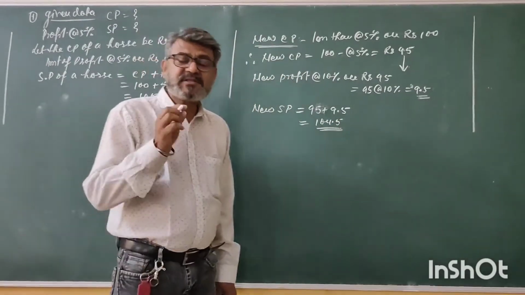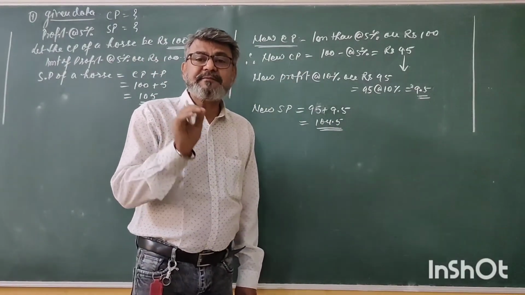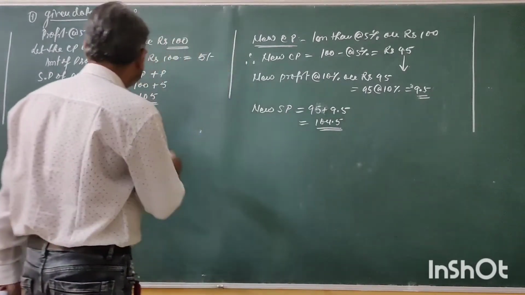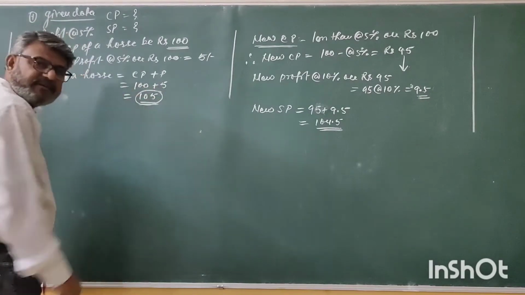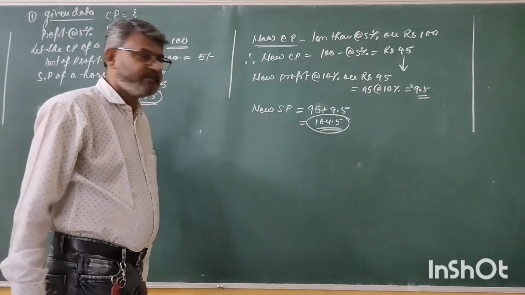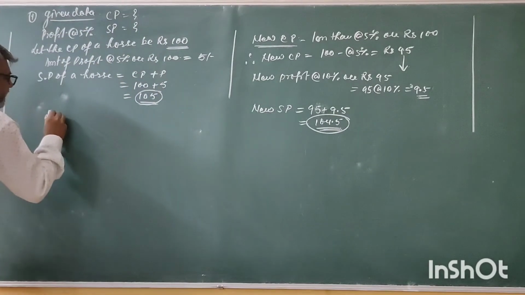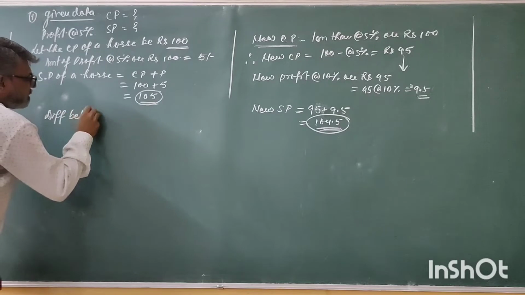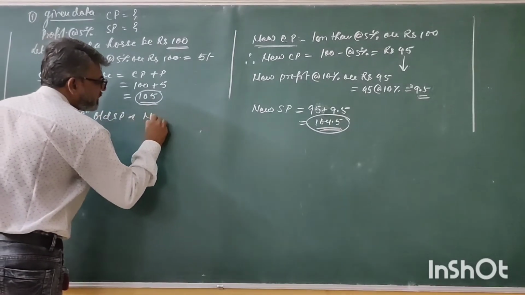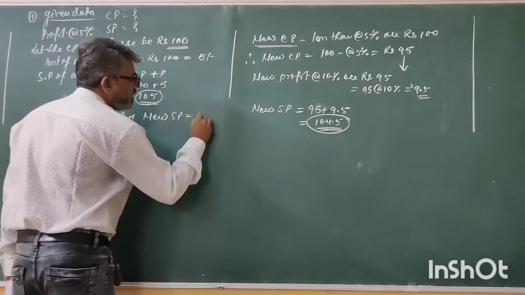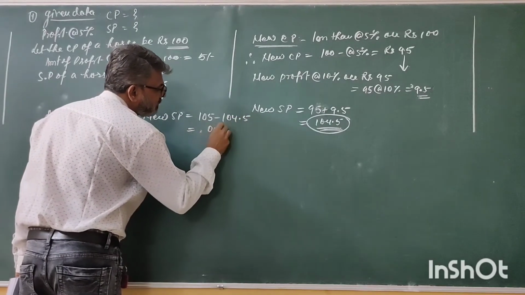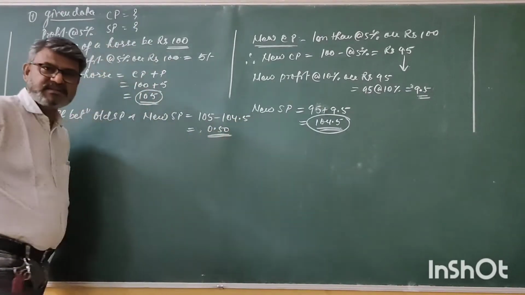What is the difference? First of all, you have calculated the difference between new selling price and old selling price. Old selling price is 105 and the new selling price is 104.5. Now the difference between old SP and new SP is equal to 105 minus 104.5, therefore 0.50 rupees.